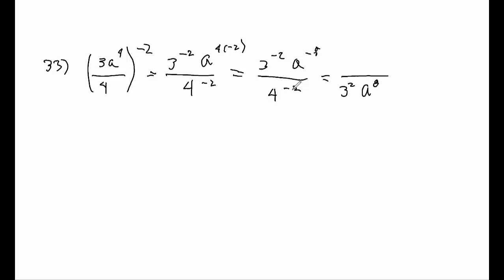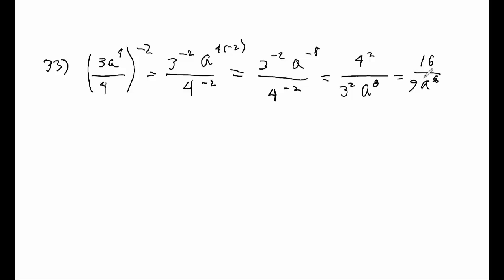And the 4 to the negative 2 will have to go upstairs and become 4 squared. And now I just work it all out. So the top becomes 16 and 3 squared is 9. And then I get a to the 8th.